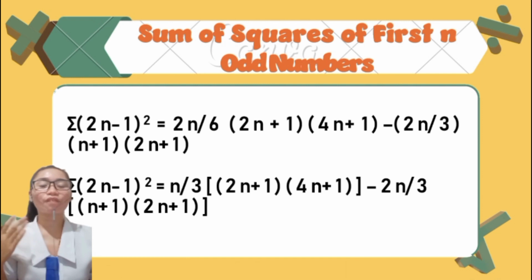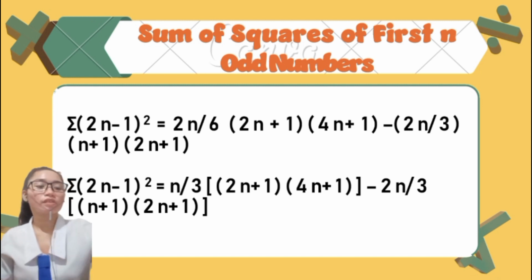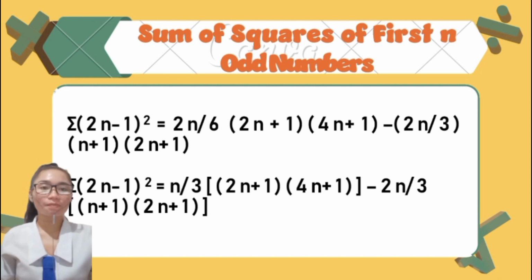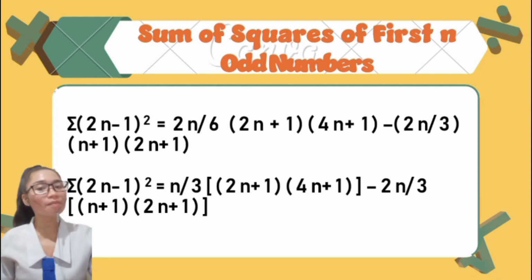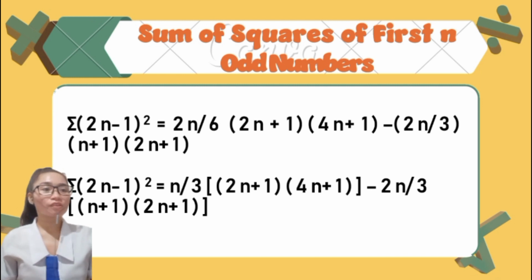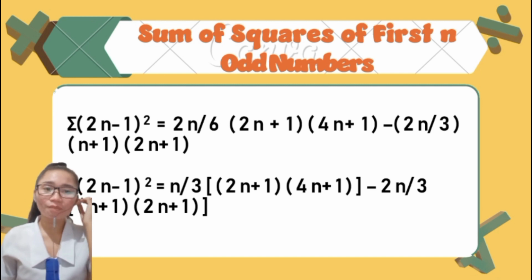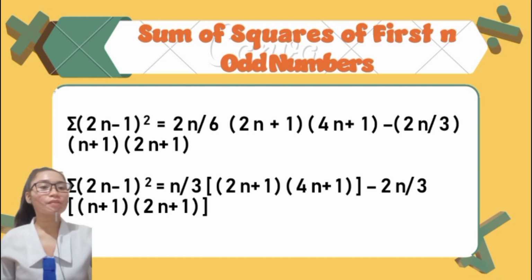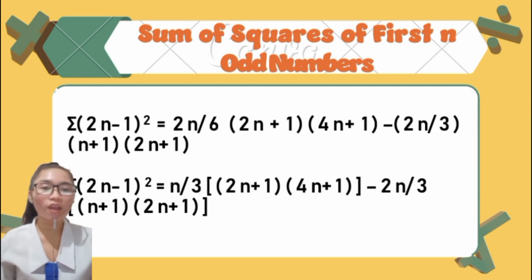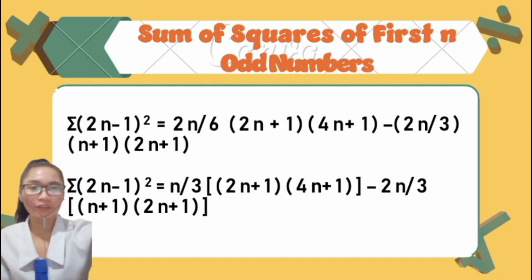On applying the formula for the addition of squares of 2n natural numbers and of n even numbers, we get the summation of the quantity 2n minus 1 squared, which is equal to 2n over 6 times 2n plus 1 times 4n plus 1 minus the quantity 2n over 3 times the quantity n plus 1 times 2n plus 1. So it becomes n over 3 times the quantity 2n plus 1 times 4n plus 1, and then minus 2n over 3, then we have to multiply it by the quantity n plus 1 times 2n plus 1.